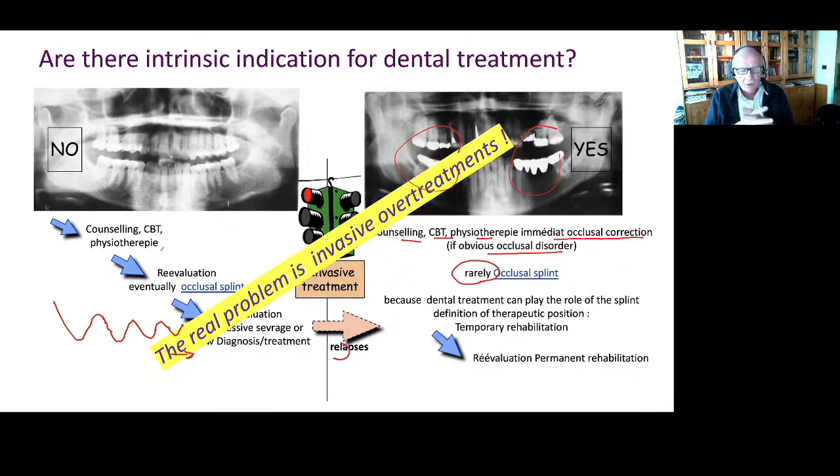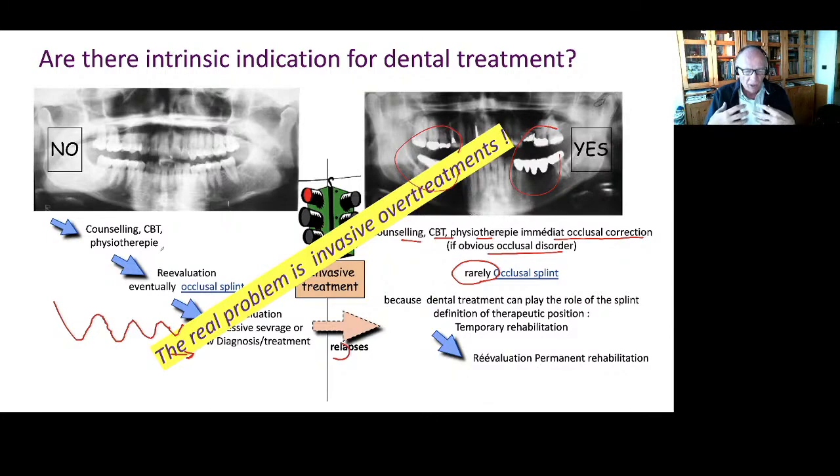There is a lot of discussion in the literature about occlusion and TMD. But if you look behind the questions, what is the problem? It is not a fight against occlusion. It is a fight against overtreatment. And a fight against overtreatment is a good fight.